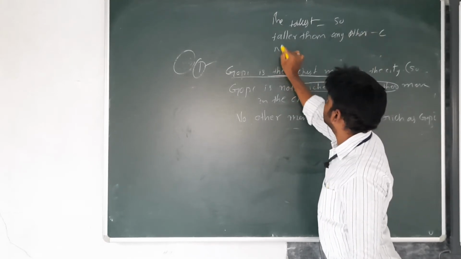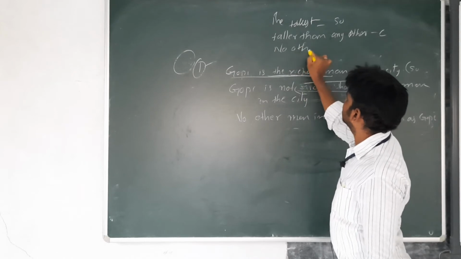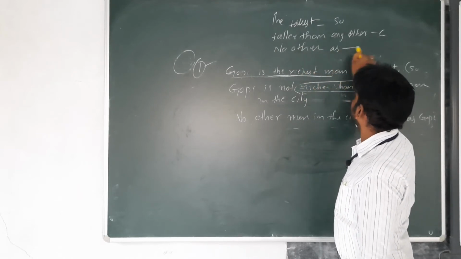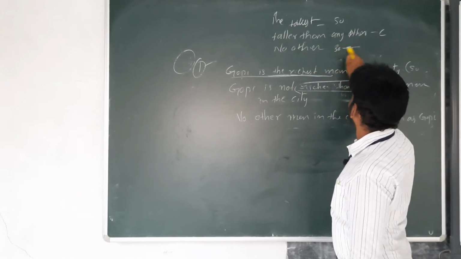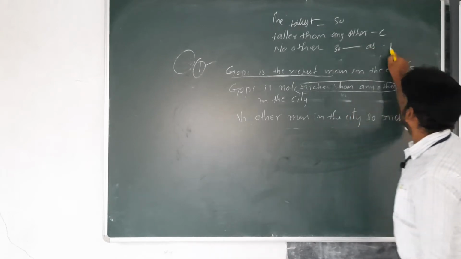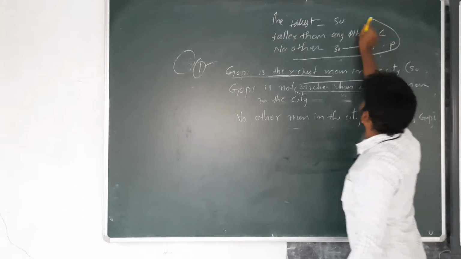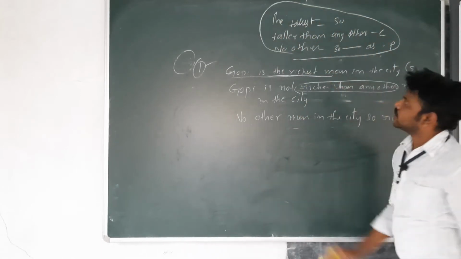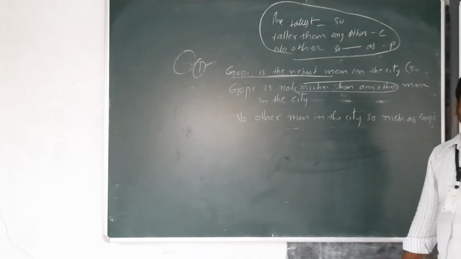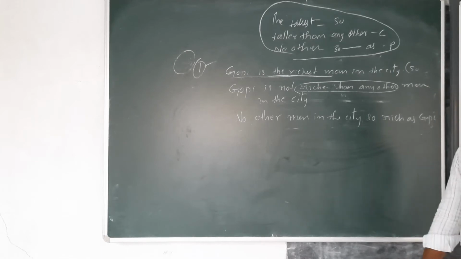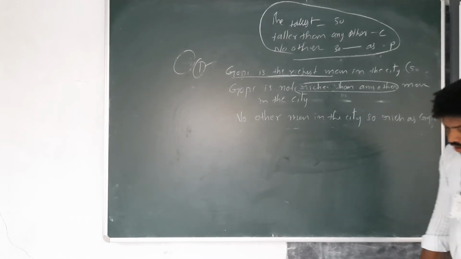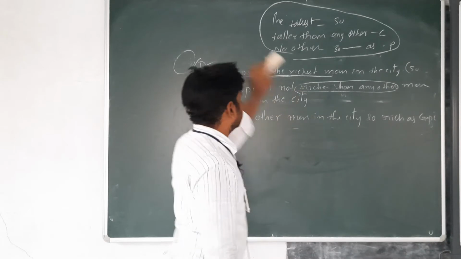Next one, no other as dash so dash as, this is the positive. Now this is the structure of this sentence. The tallest, taller than any other, no other so dash as. Now let us see the second type in this kind of sentence.